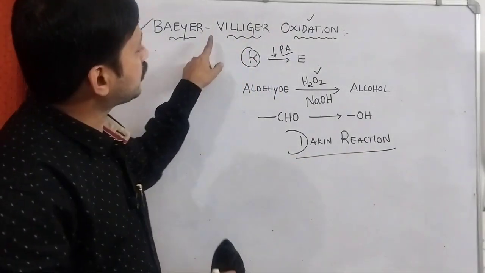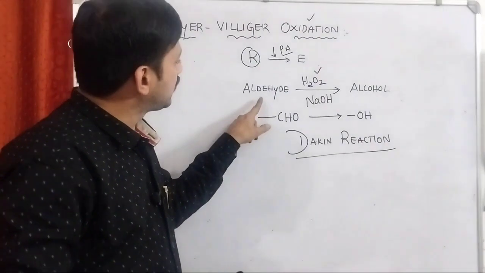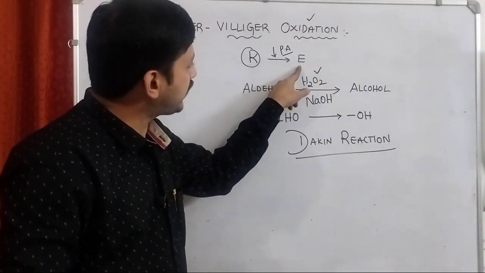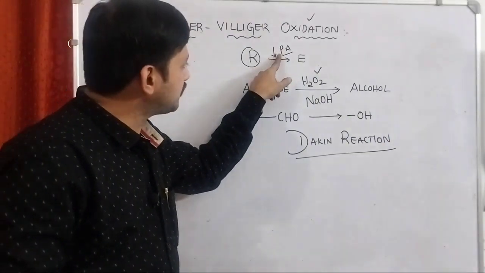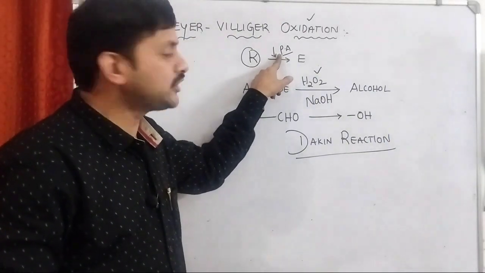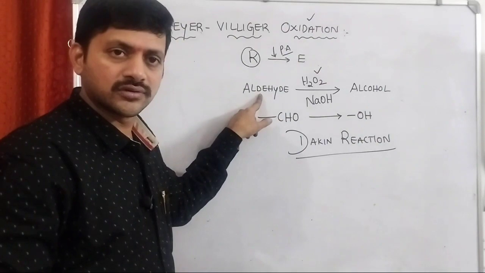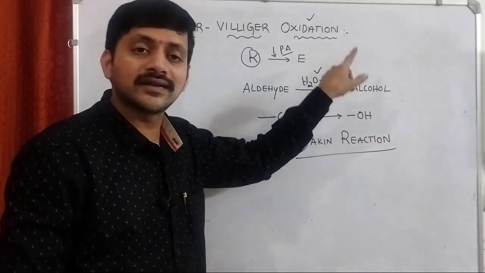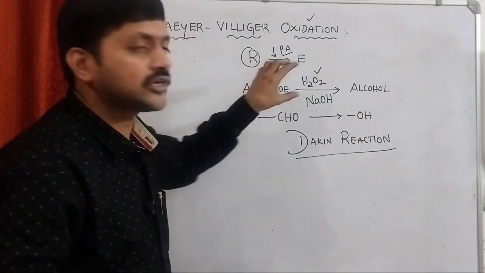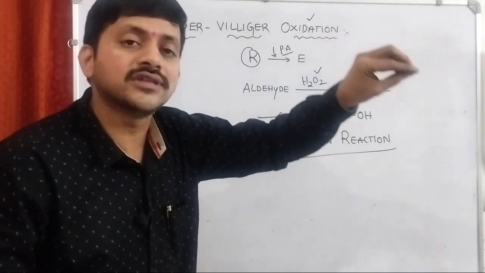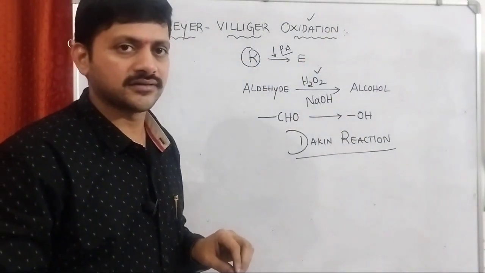In Baeyer-Villiger oxidation, what happens? Ketones are converted into esters by treatment with the peracids. The same situation was applied to the aldehydes also, but we could not get the esters. What happened? Aldehydes are oxidized to form the carboxylic acids.